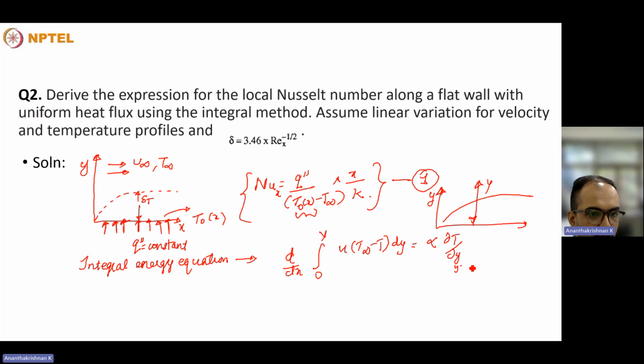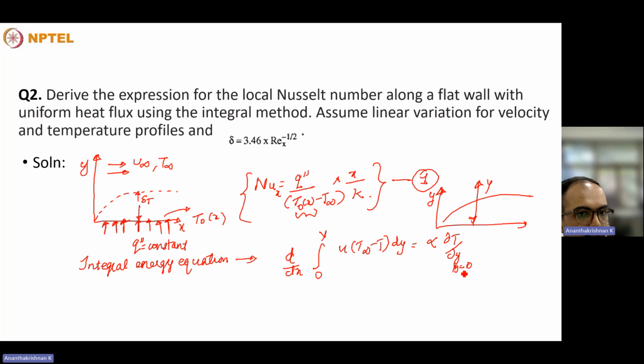This is obtained by integrating the energy equation from 0 to y. The left hand side follows Leibniz theorem in order to convert the integral of a derivative into the derivative of the integral.